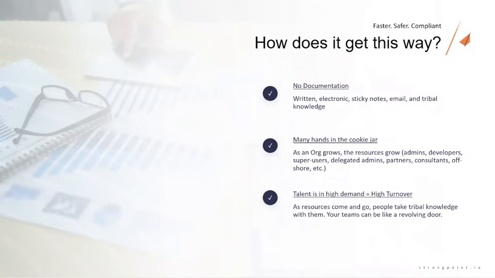However, a lot of time those customizations are done without a lot or any documentation. If there is documentation, it may not be extremely well organized or contained, and typically a lot of customization knowledge is carried around inside people's heads as tribal knowledge.